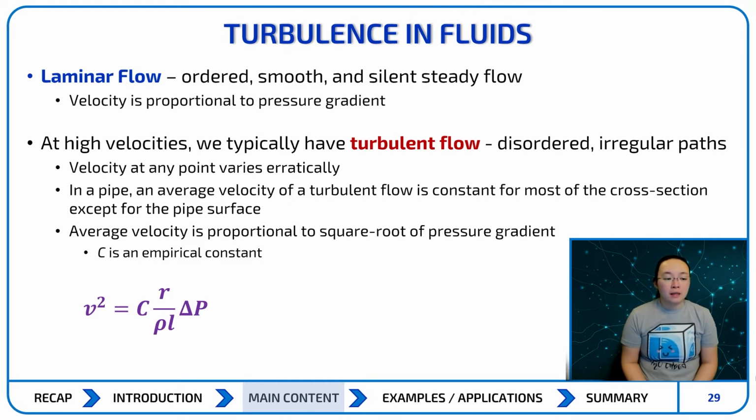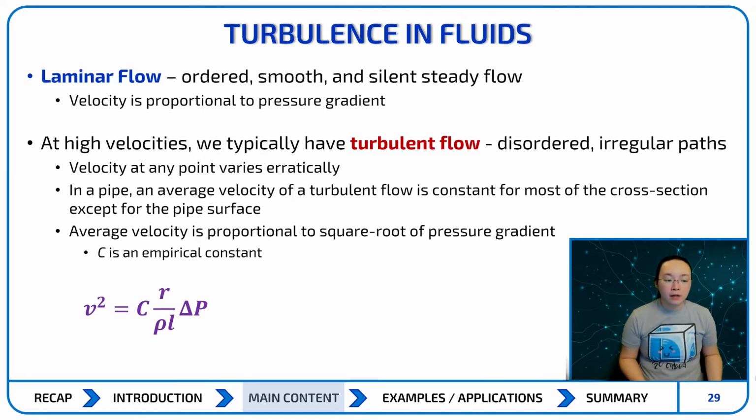In a pipe, the average velocity for a turbulent flow is constant for most of the cross-sectional area, except for the pipe surface. And the average velocity is going to be proportional to the square root of the pressure gradient. So what this is saying is if you have turbulent flow, you can calculate the average velocity using this equation, where c is some kind of constant.